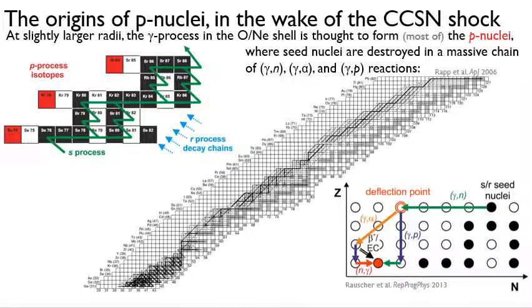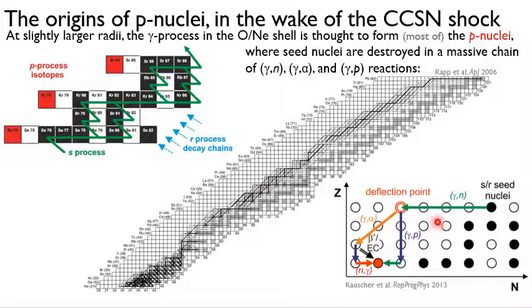Further out in the envelope of the star, where the shock sort of reaches, it heats up the environment, but it doesn't drive those nuclear reactions directly. It's still hot enough that you can actually have photons that photodisintegrate nuclei. So you have a nucleus, a photon hits it, and the way you can think about it is that it basically provides energy to knock out neutrons and protons, and you can make different elements.